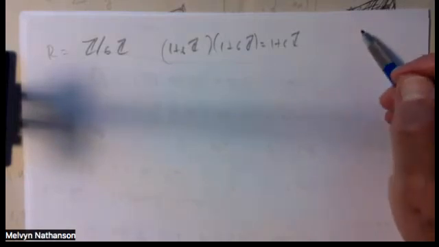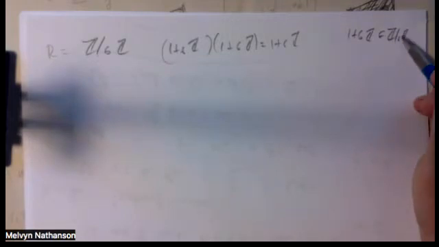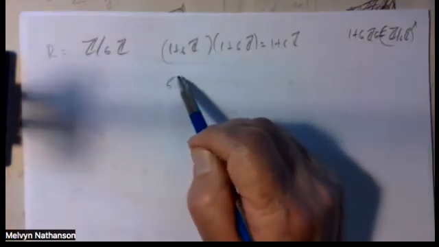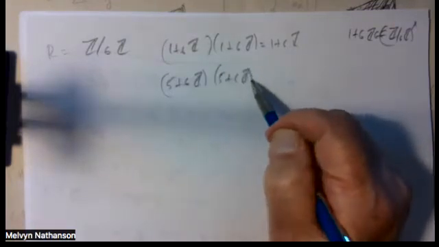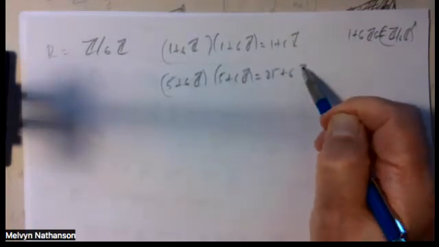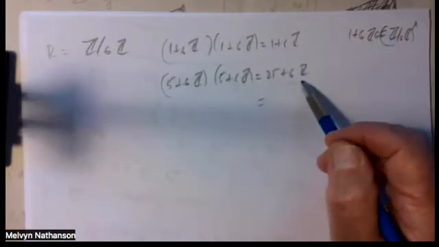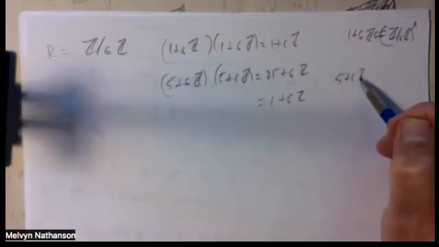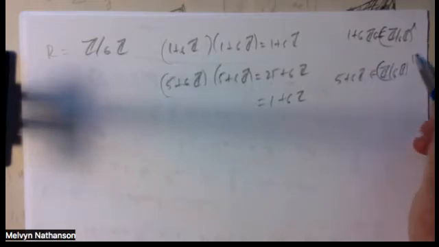So 1 plus 6Z is in the group of units of this ring. 5 plus 6Z times 5 plus 6Z is 25 plus 6Z, but 25 is congruent to 1 mod 6, so this is 1 plus 6Z. So 5 plus 6Z is also a unit.